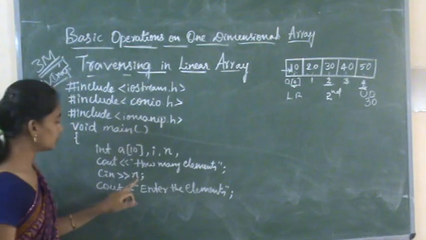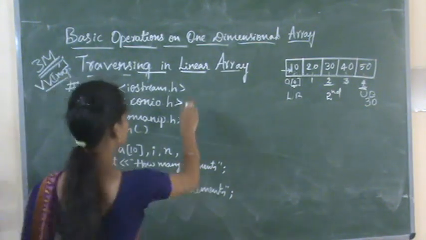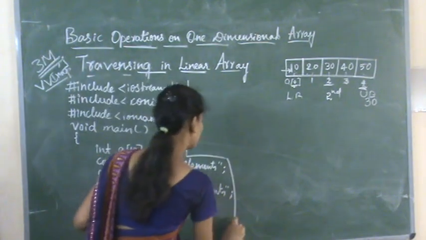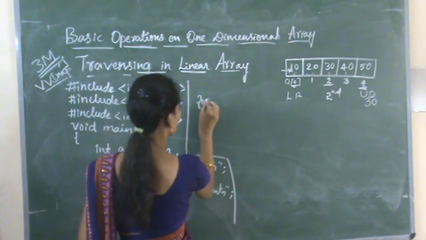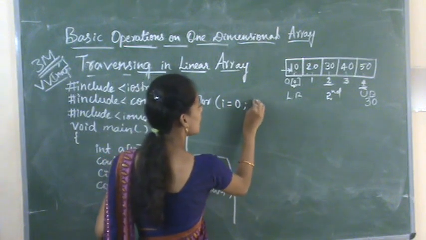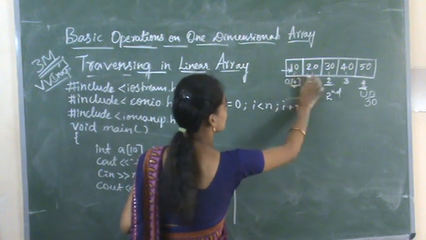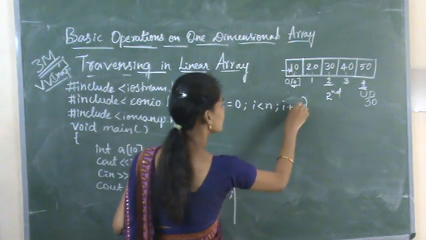So we need to enter how many elements for this? So for that we are using a for loop, right, to enter. So for I is equal to 0, I less than n, I plus plus. So this is the for loop we are using, right?